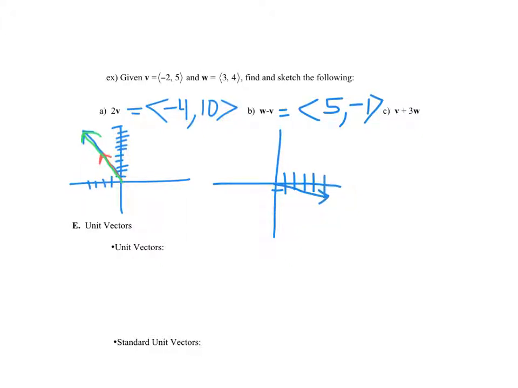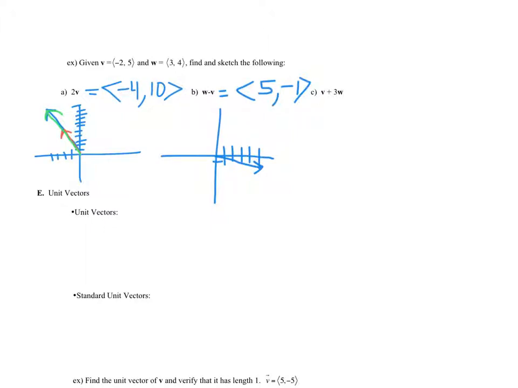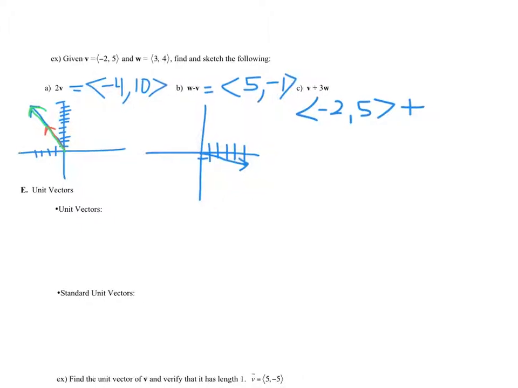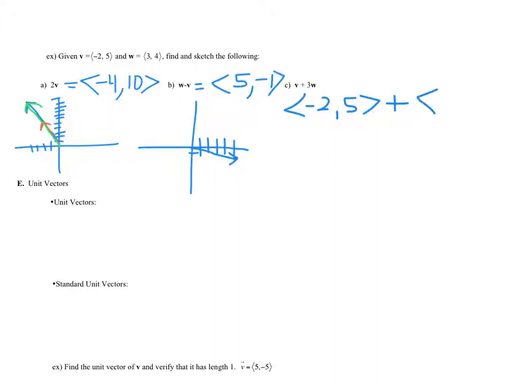Okay, pretty easy stuff, right? And then c would be to take vector v, which is negative 2, 5, and add that to 3 times vector w. So 3 times vector w is 9, 12. You multiply the scalar first, and then you add these up.